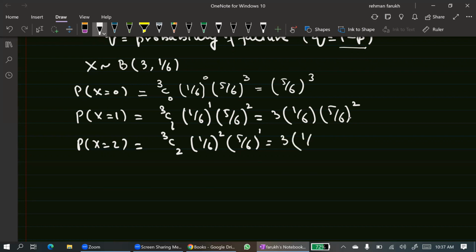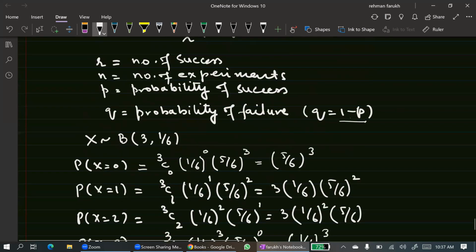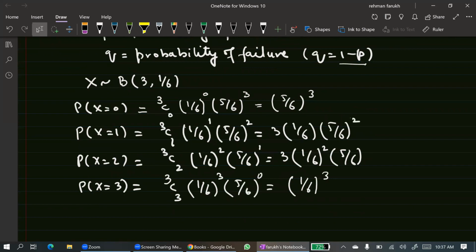Probability of x is equal to 3. That is, there are three successes. 3C3, success power 3, and 0 failures, so 5 by 6 power 0. The final answer is 1 by 6 power 3. Now, with the help of this formula, we can find out the probabilities of all the possible outcomes.